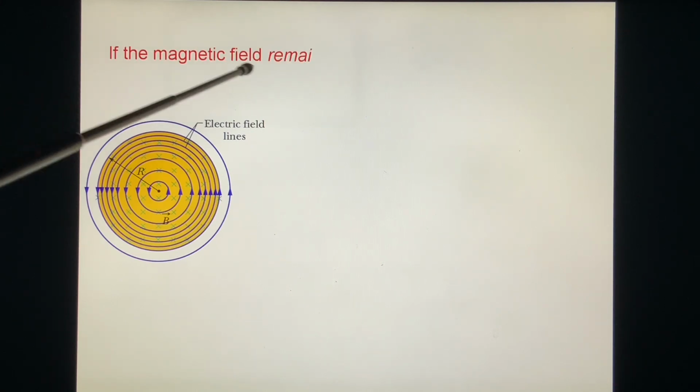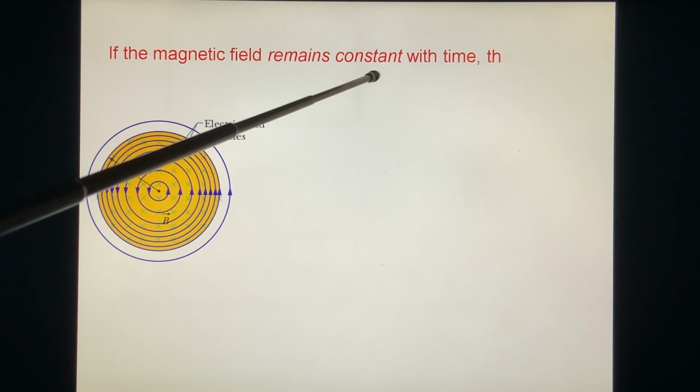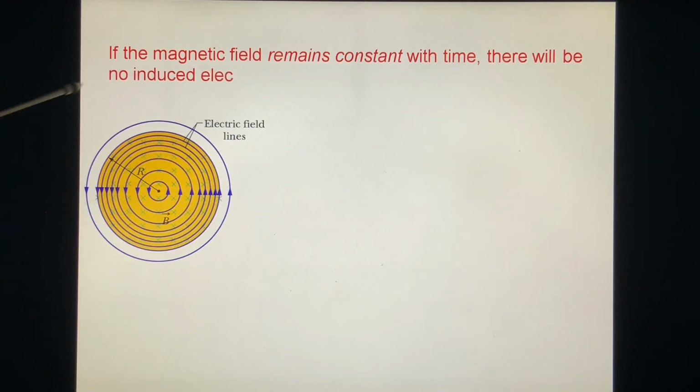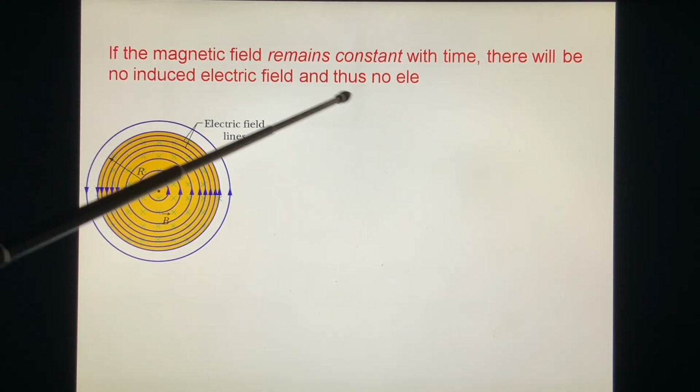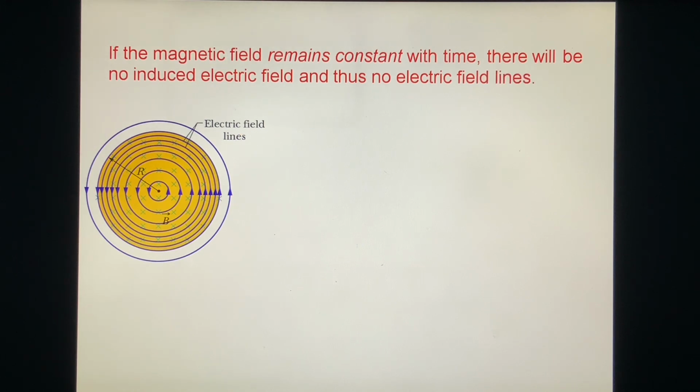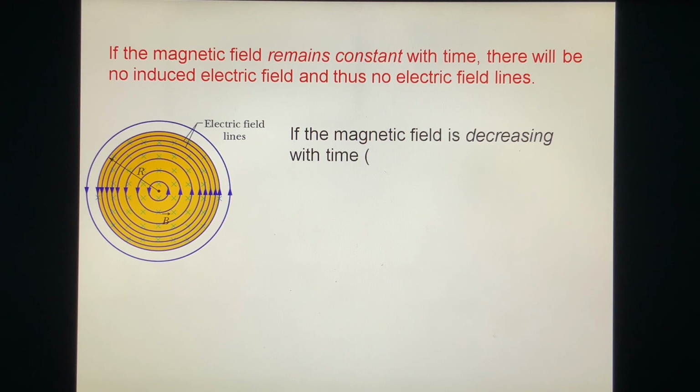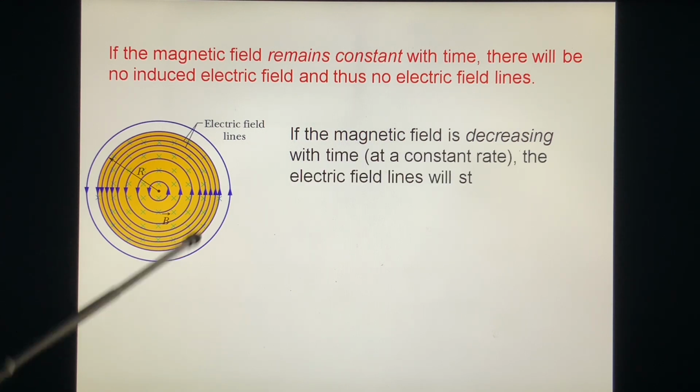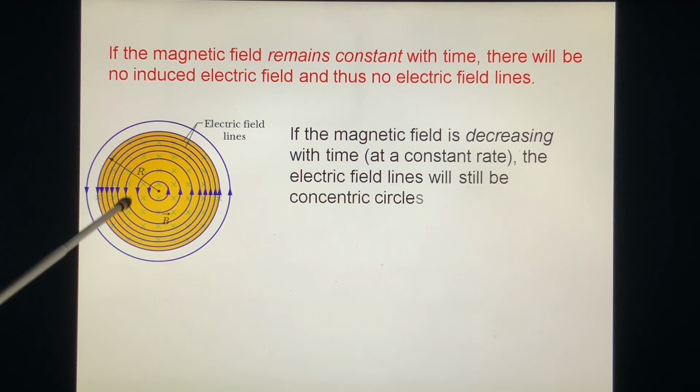If the magnetic field remains constant with time, there will be no induced electric field, and thus no electric field line. If the magnetic field is decreasing with time at a constant rate, the electric field lines will still be concentric circles in the figure.